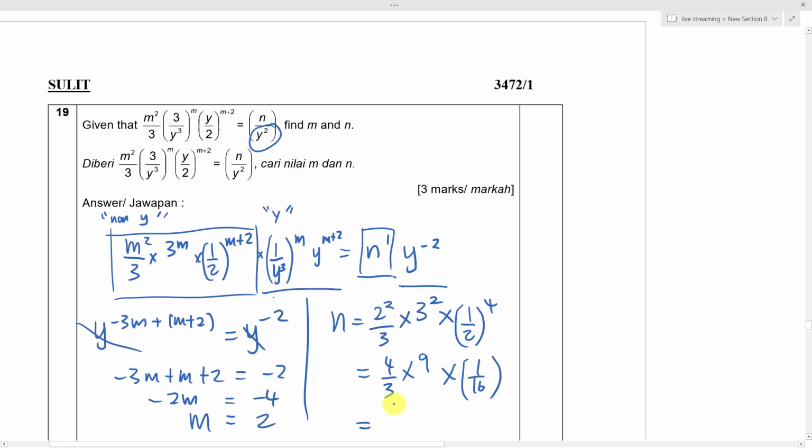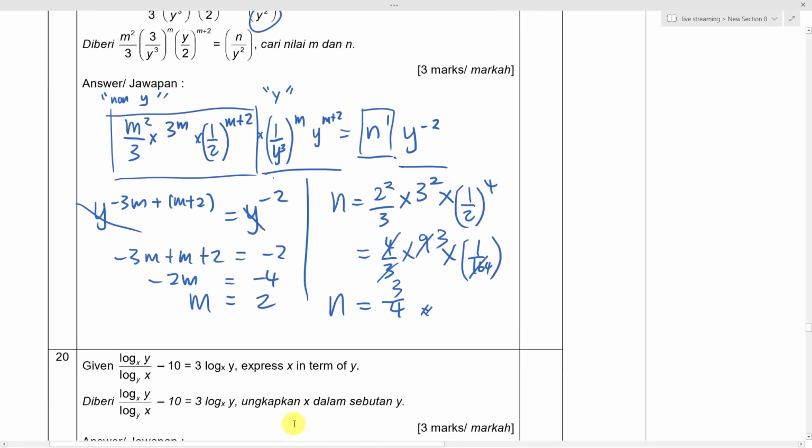Simplified, it should be 3 over 4. That's my n. So this indices question is kind of challenging because there is a lot of multiplication, but if you just group them together, you should be okay.